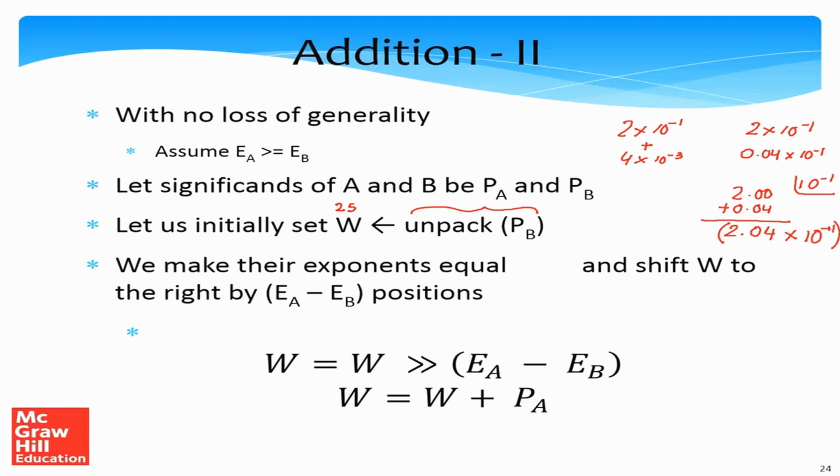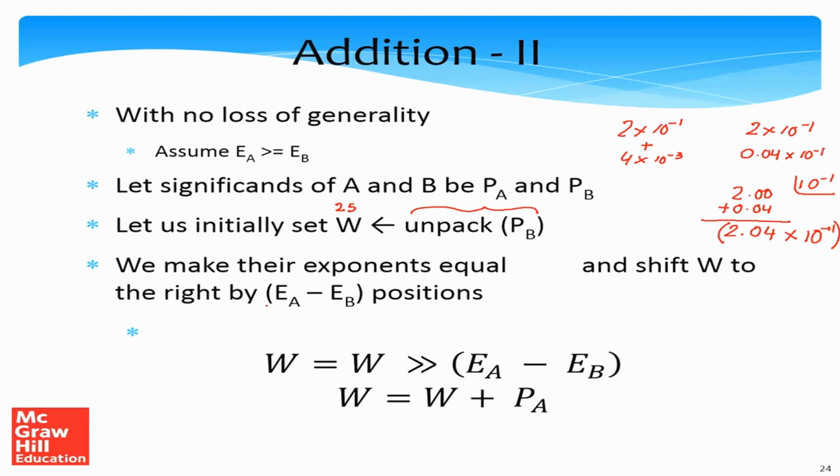Alright, so what we can do is something similar. We can first make their exponents the same, and then we can align the decimal points and perform an addition. To make the exponents the same, we will make the exponent of b the same as the exponent of a, and the exponents can be made equal by shifting w to the right by EA minus EB positions.